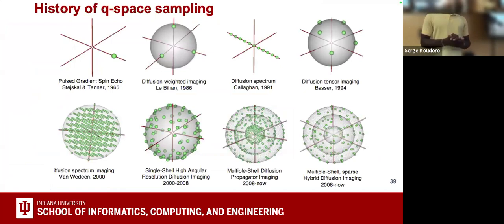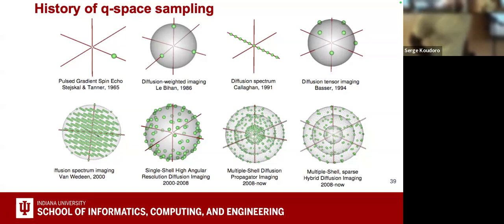So if you look at the history of the Q space sampling, you can see the initial history here with the pulsed gradient spin echo that I explained before. Then we start to add more diffusion weighted imaging. Then we go to the diffusion spectrum, with more data points to describe. Every point is a gradient strength that we apply to see how we are shaping the water.